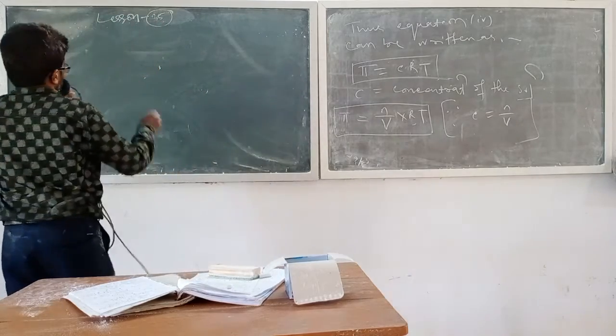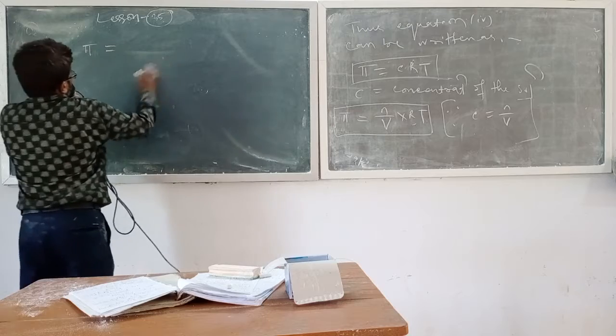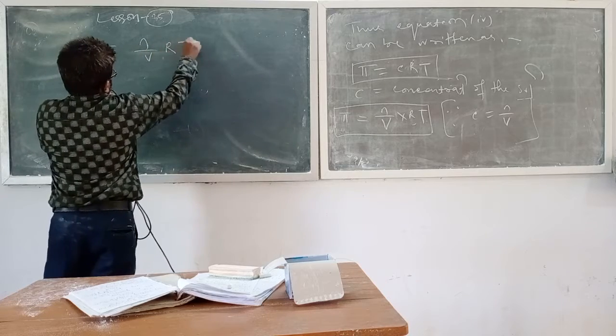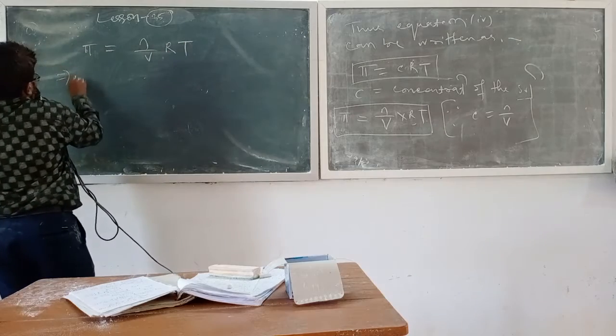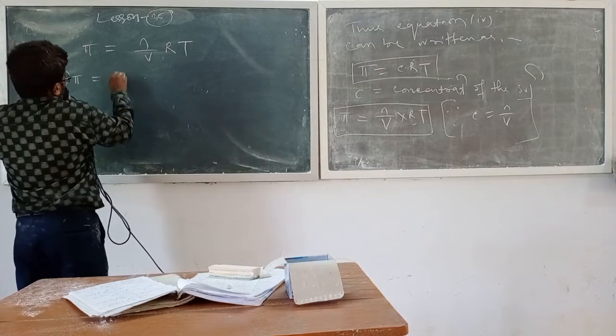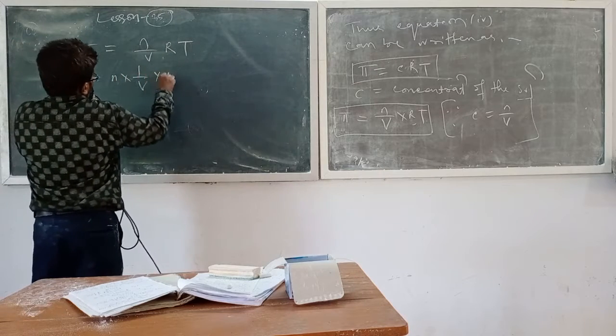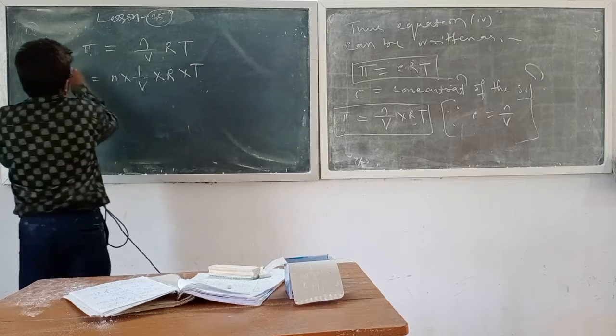So here we got pi equals N by V R T. That implies pi equals N into 1 by V into R into T.